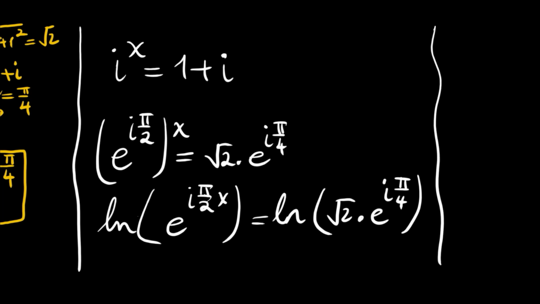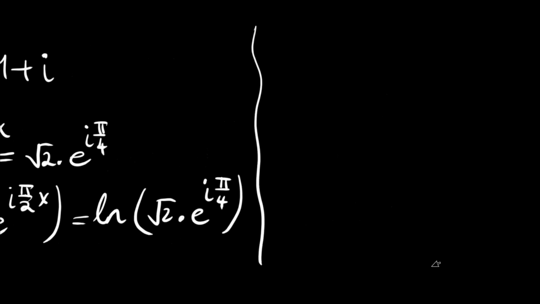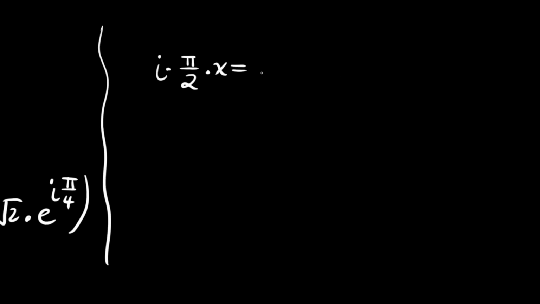Then from the properties of logs, we will have the power i times pi over 2 times x is equal to, we can write this as a sum of ln's, ln root 2 plus this i times pi over 4.